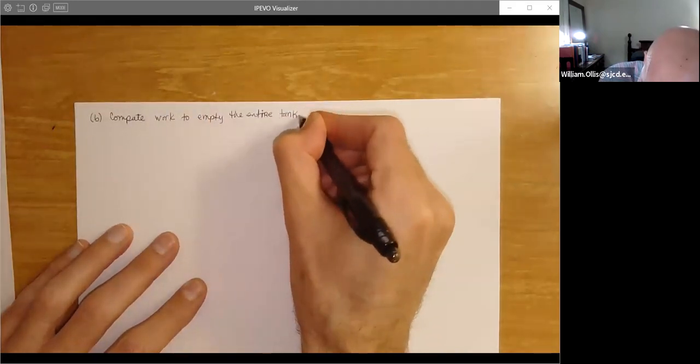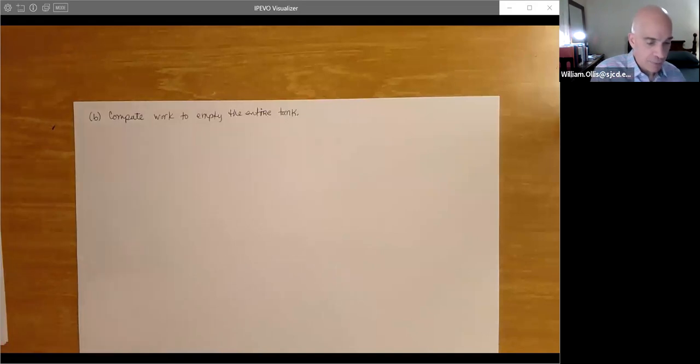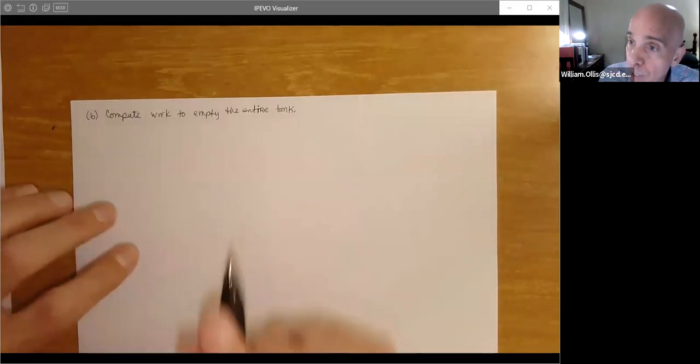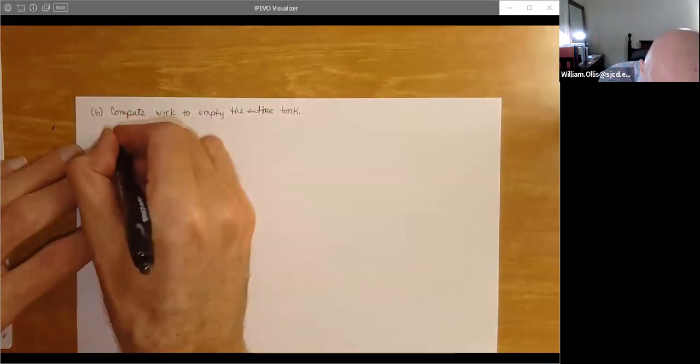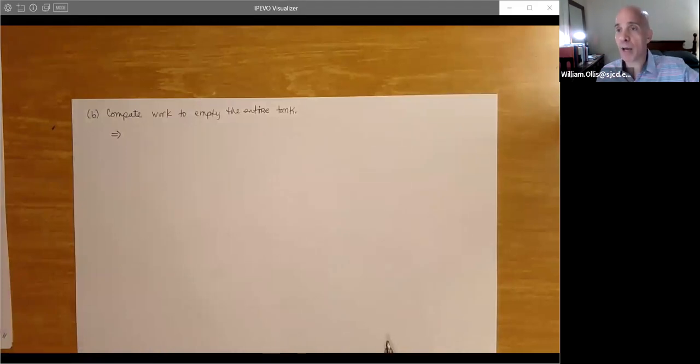So all the contents. So now when we do that, this implies that we're going to go to the very bottom and start to remove all of the contents.